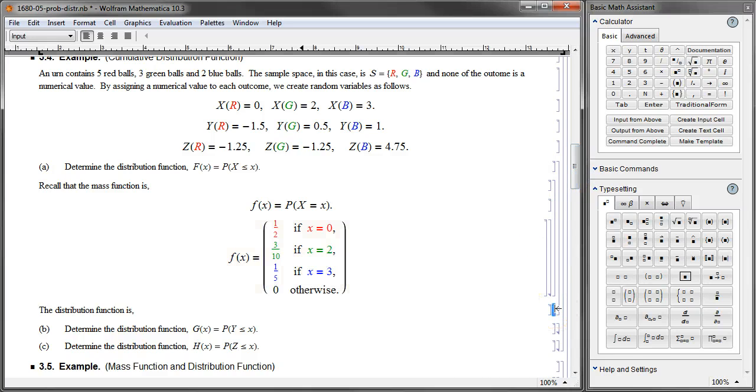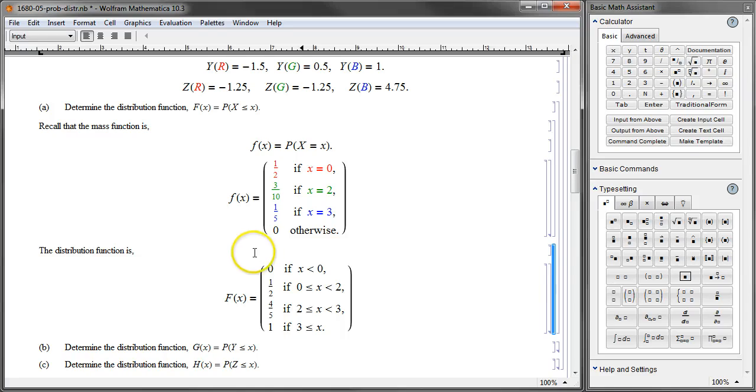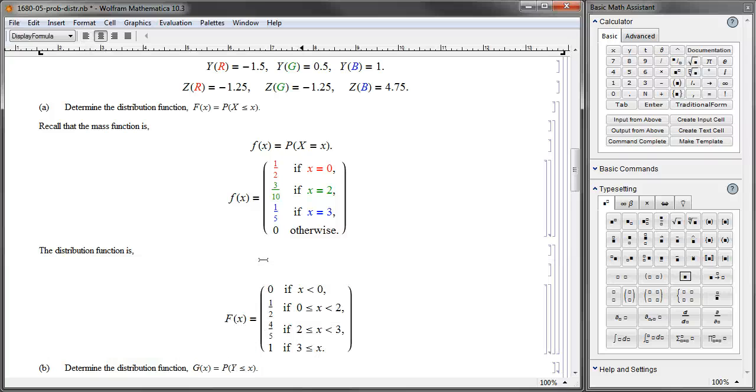Now let's produce the distribution function. When x is less than 0, then it is impossible to have any accumulation up to that.